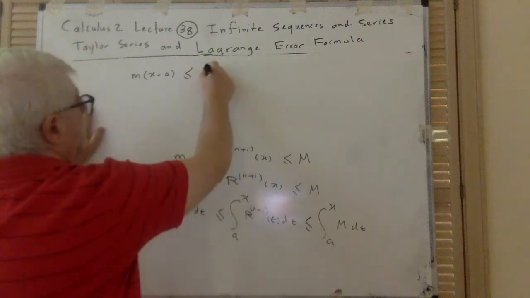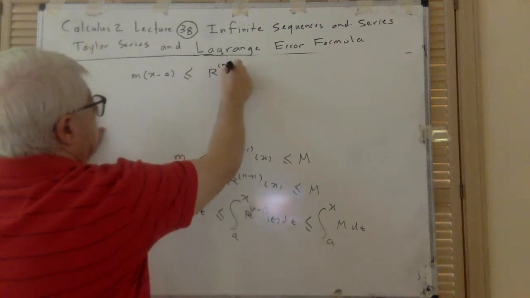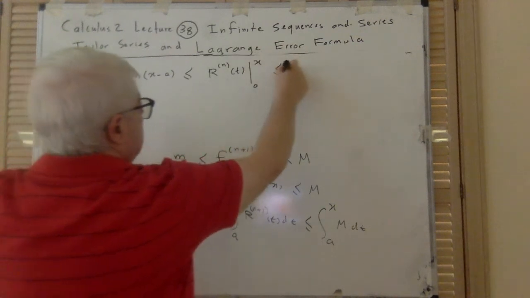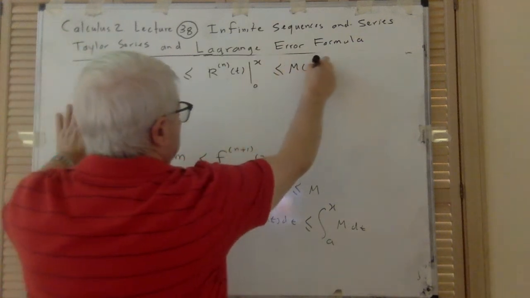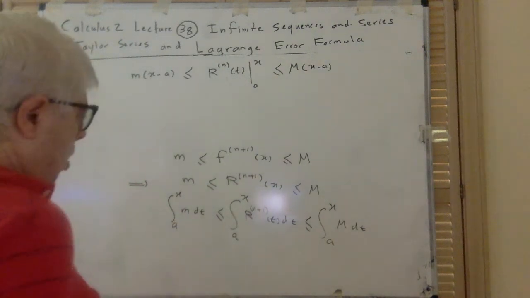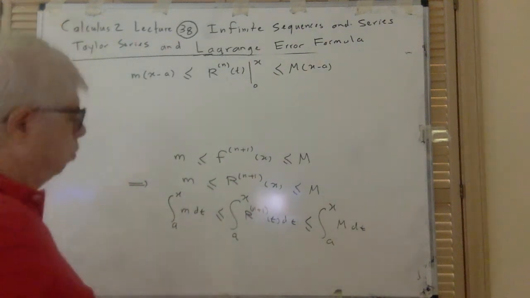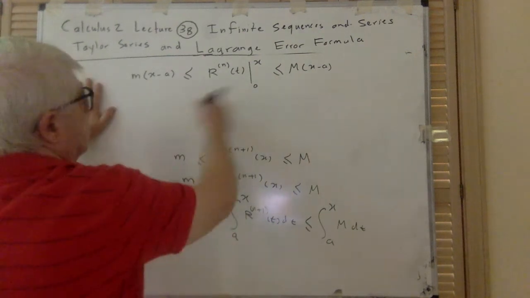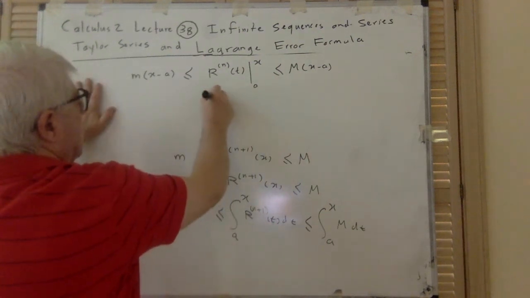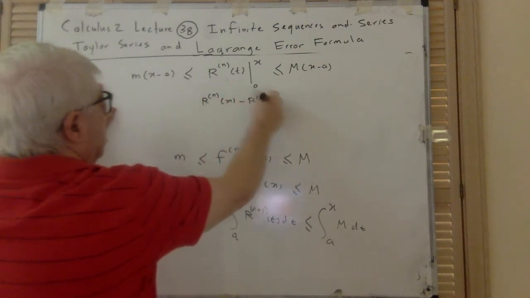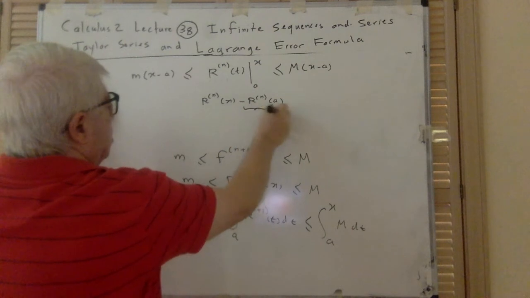So in fact, I have R^(n)(t) from a to x, and on this side I have M times (x minus a). Okay, so what is this? This is R^(n)(x) minus R^(n)(a). Remember, this is 0.